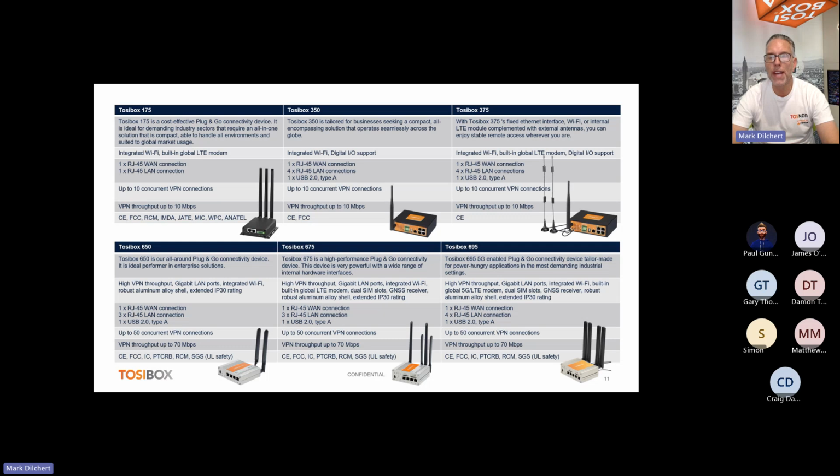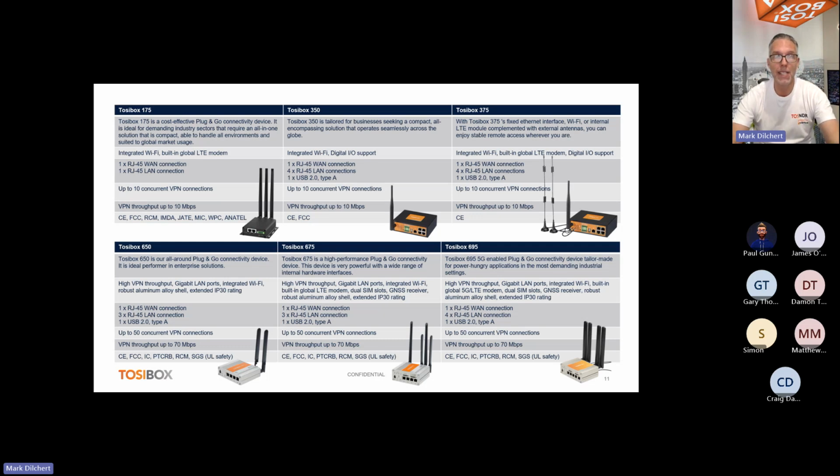Then going on to the 300 series with the 350 and 375, more functionality, digital I/O, more Ethernet connections, stronger coverage on the 4G side if you're inside panels, and you've got the ability to do away with things like unmanaged switches in the panel.